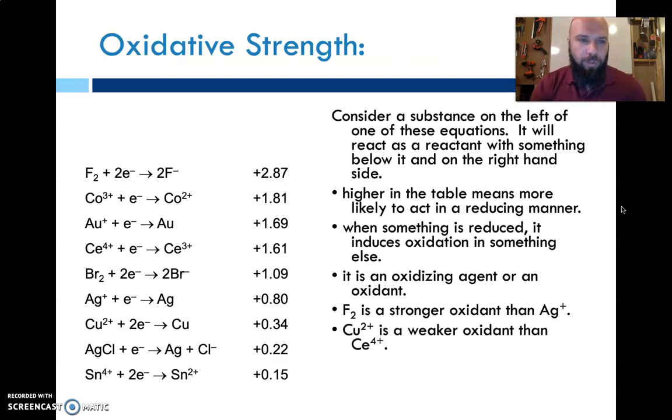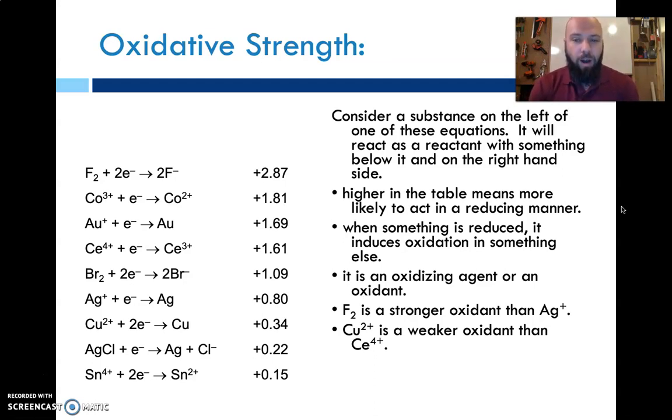The oxidative strength is something that we can also get information from these tables. So most of the time, your standard reduction potential tables will have the most positive to the most negative listed in that order. Something higher in the table on the left will mean that it's more likely to react in a reducing manner, inducing oxidation.